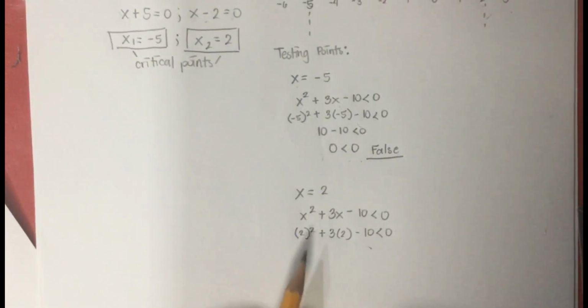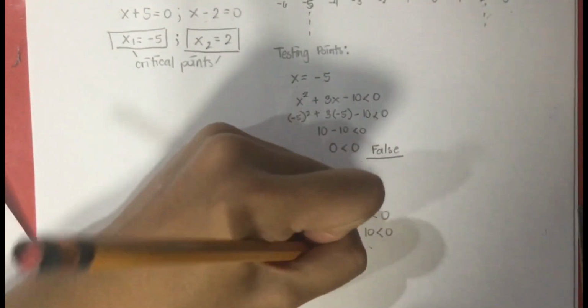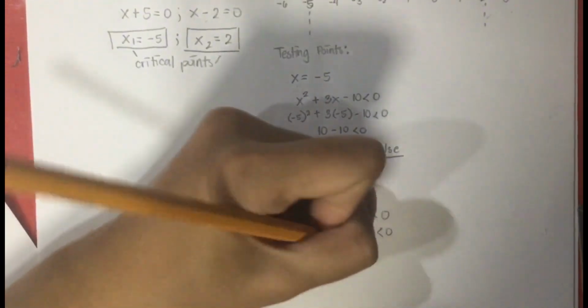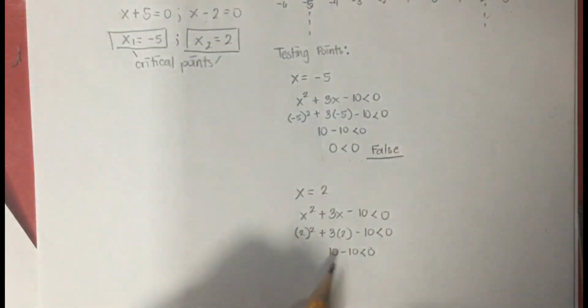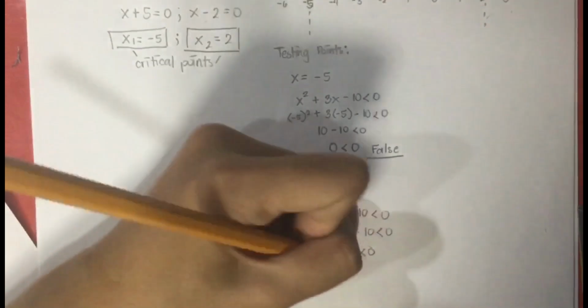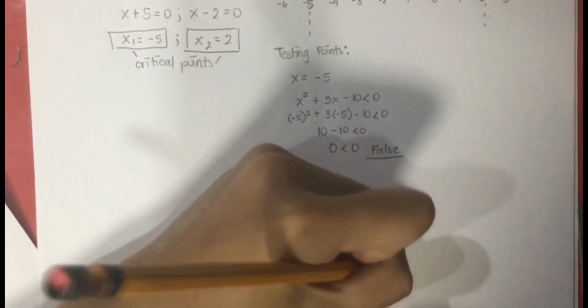Then 2 squared plus 3 times 2 is equal to 10. Again, minus 10 is less than 0. So 10 minus 10 is 0. Once again, it is false.